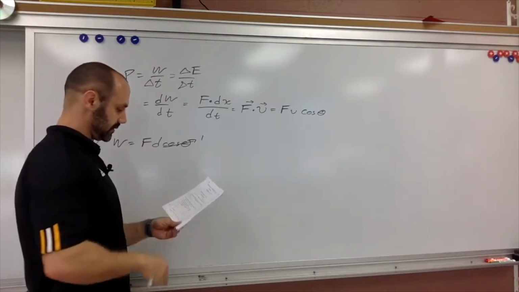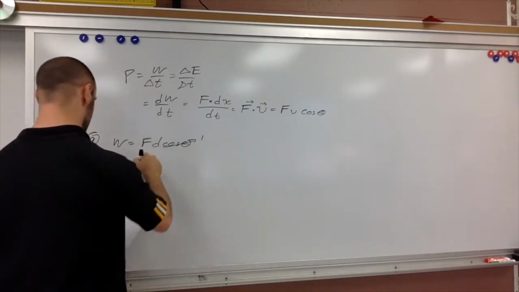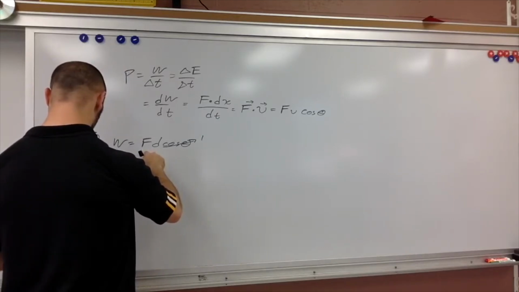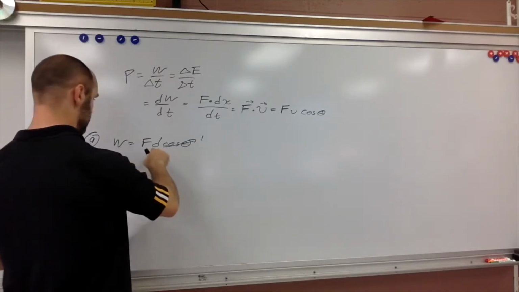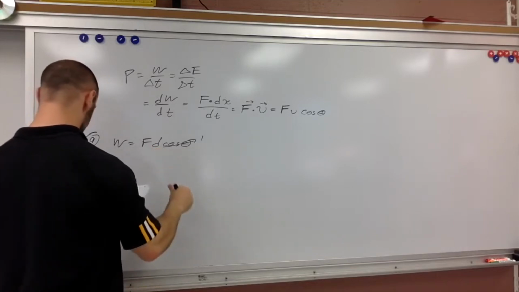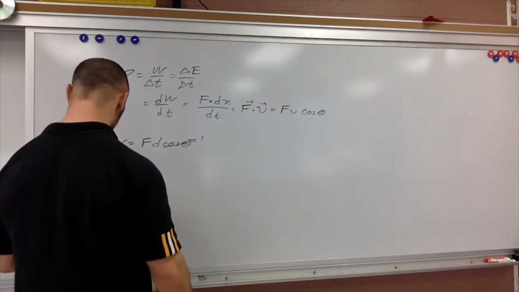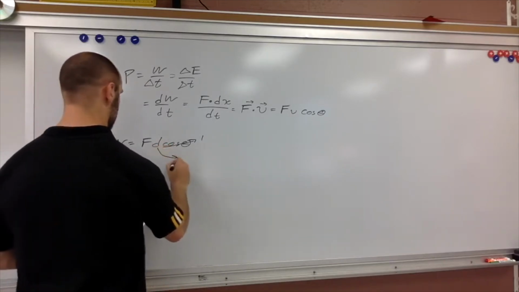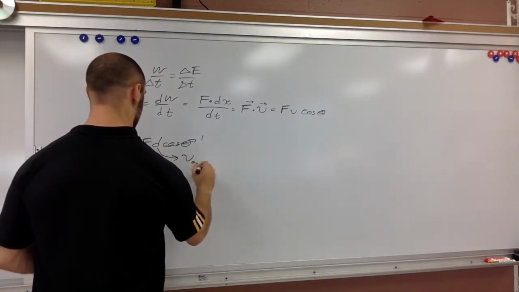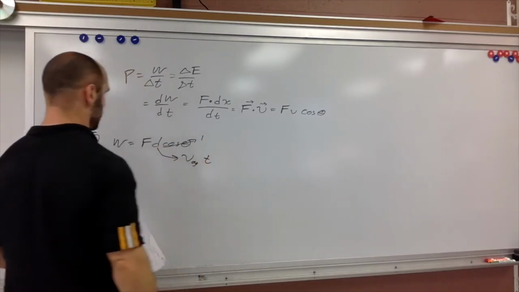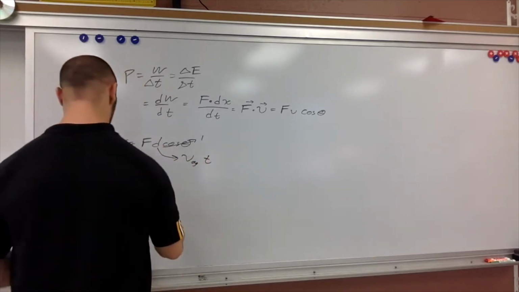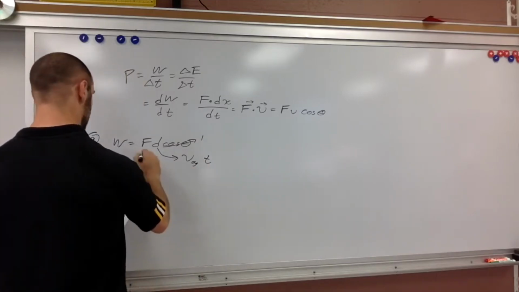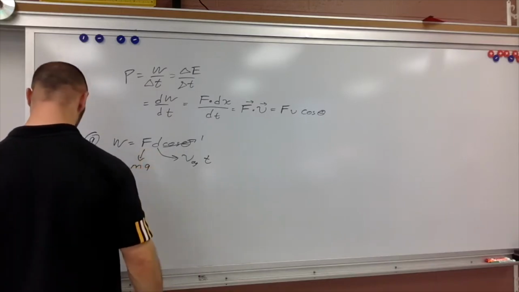And then the net work done, we're still doing this. What we're looking for here is delta x, or dV, right? And so this is V average times T. And F is MA.